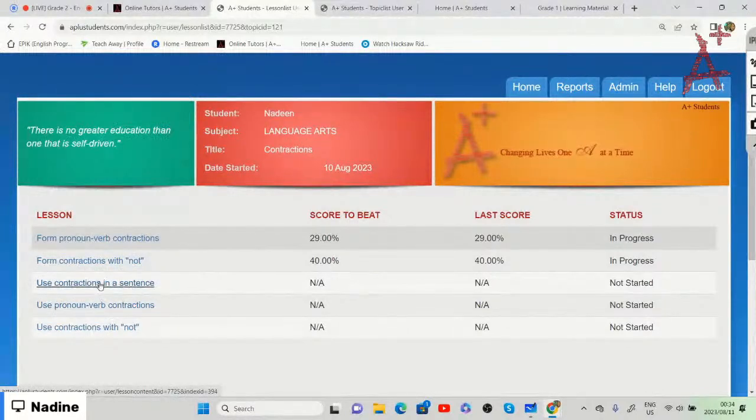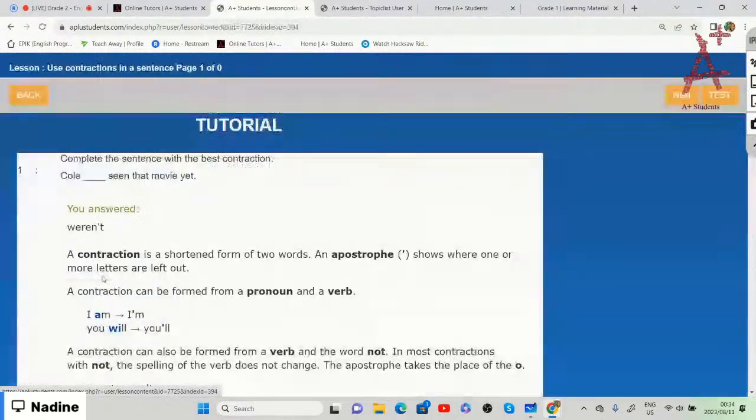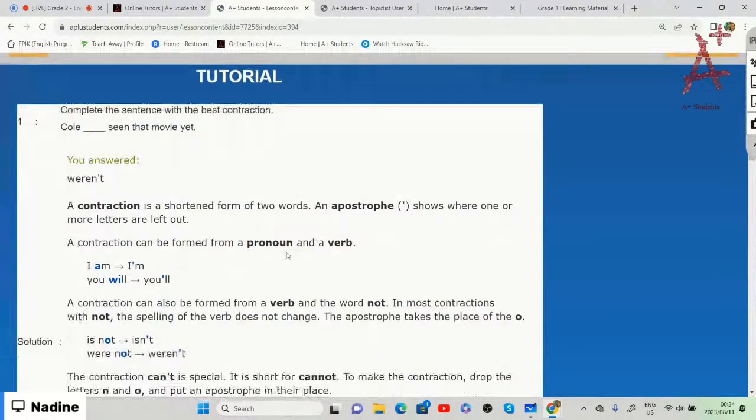Now we're going to use contractions within a sentence. A contraction, once again, is a shortened form of two words, and an apostrophe shows where one or more letters are left out.